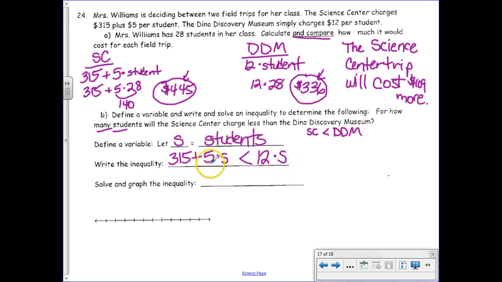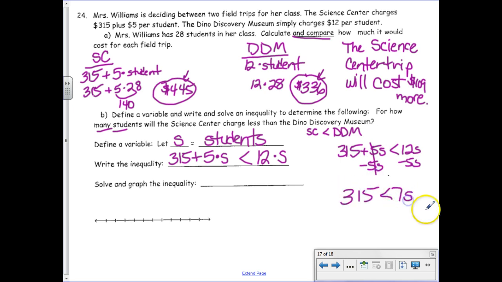All right? It's got variables on both sides. So what I would do is subtract 5s from each side. So 315 plus 5s is less than 12s. I'm subtracting 5s. That goes away. You get 315 is less than 7s, and then you have to divide by 7.